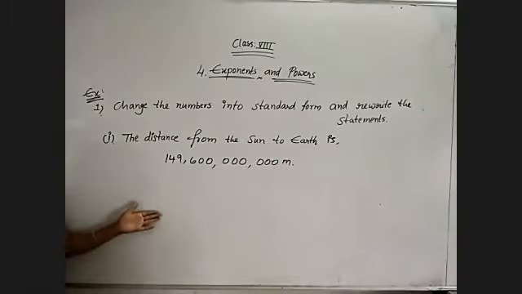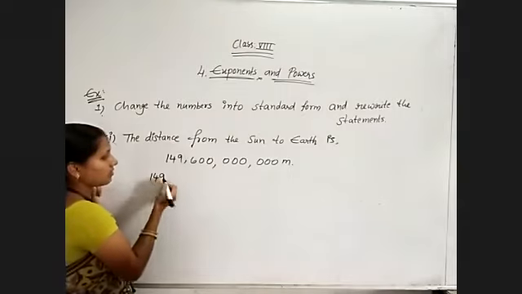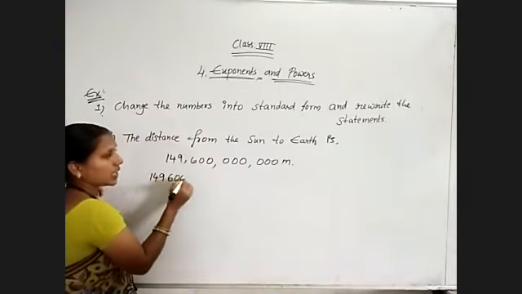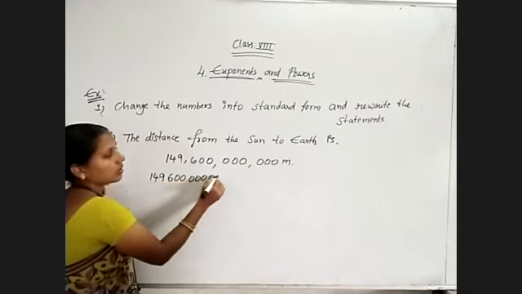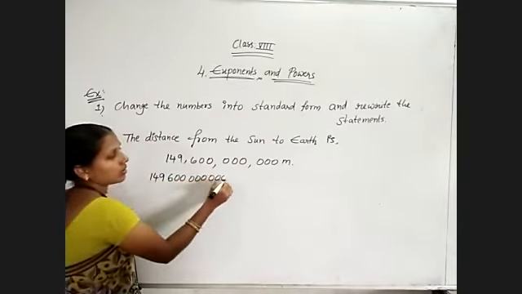Observe this. Change the numbers into standard form and rewrite the statement. Complete statement we must write. First of all, try to change this one. So how can we write this number in the standard form? See, we can't read this number at all. 149, 600, and zeros.